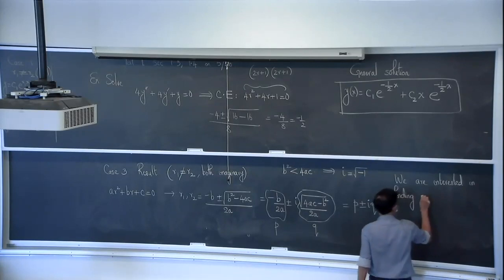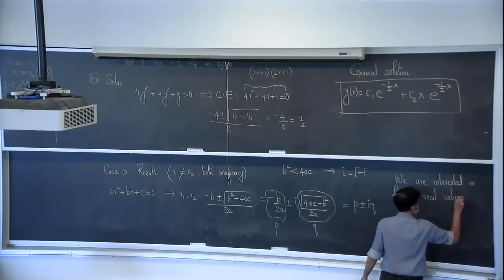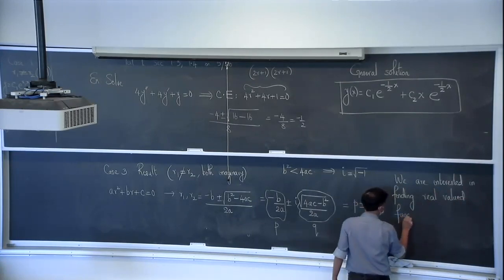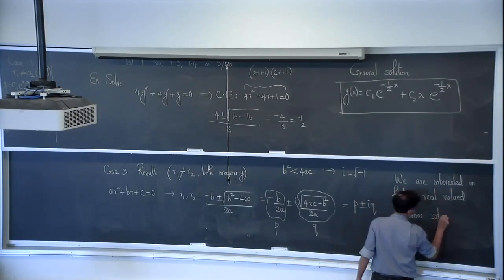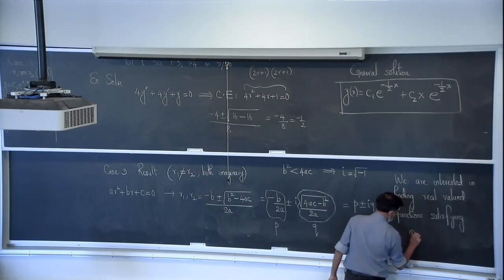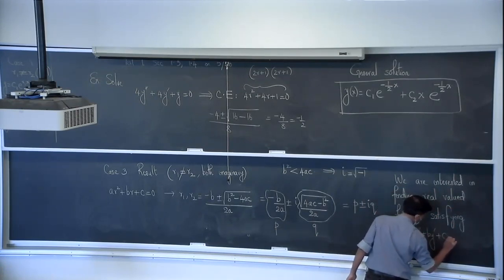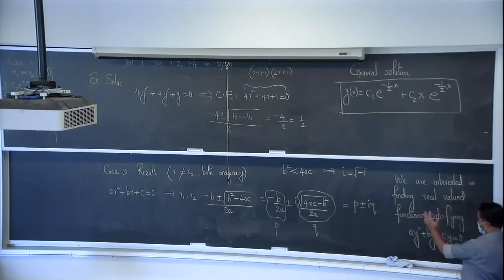So we are interested in finding real valued, linearly independent functions satisfying A y double prime plus B y prime plus C y equal to 0. This is what we are trying to achieve here.